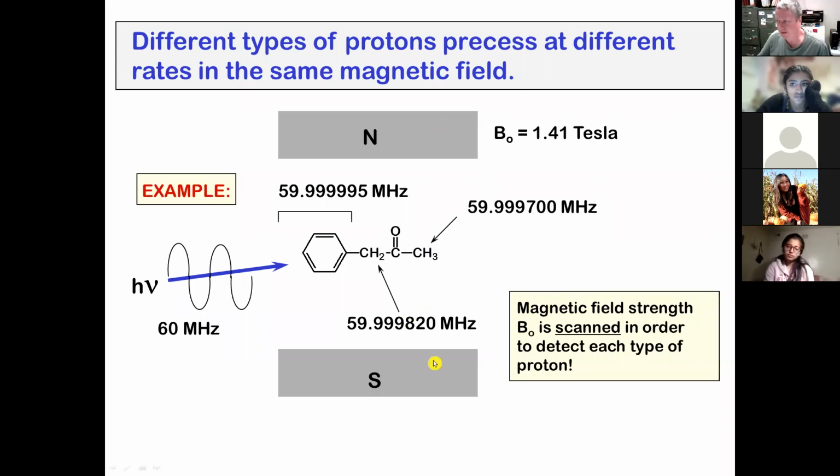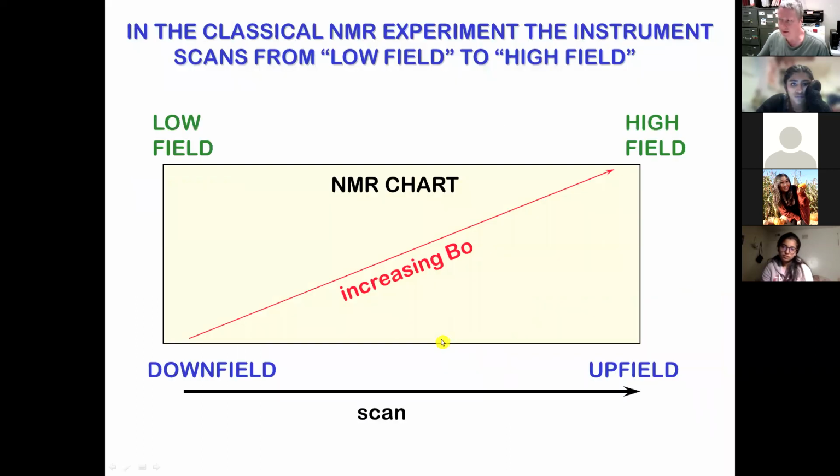So we have this big magnet and we do this experiment, and you can see there's detection at different frequencies. In these classic old instruments, they scan the magnetic field.